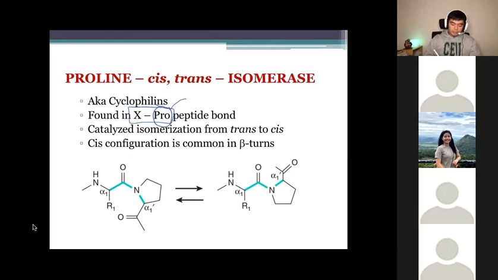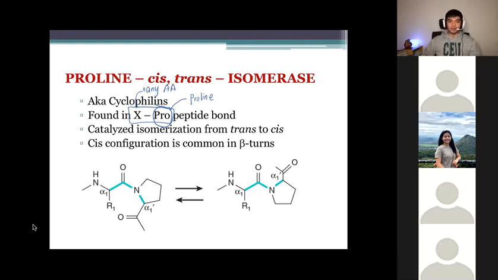Pro is proline, so this refers to the amino acid proline. And then X, ang ibig sabihin ng X is any amino acid. So anong point niyan? In short, ang tinatarget ng proline cis-trans isomerase ay yung mga polypeptide na may peptide bond na katabi ng proline.